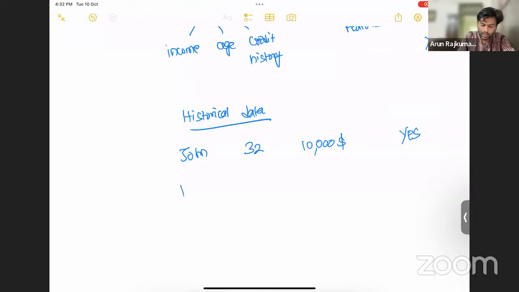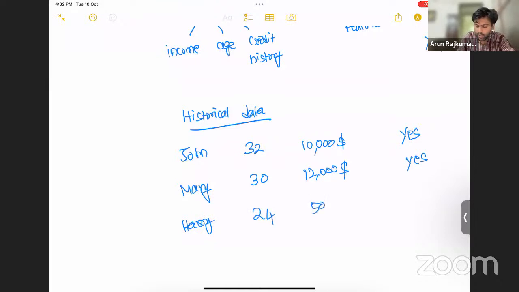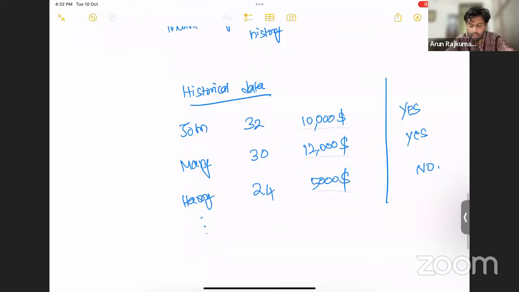Maybe there is Mary, who was 30 years old, maybe had $12,000 as income, and also paid the loan back, right? So maybe there was some Harry. I'm just cooking up some English looking names, but that doesn't really matter. Maybe he was 24 years old, maybe had $5,000 income, but did not pay the loan back, right? And you have tens of thousands of such historical data.